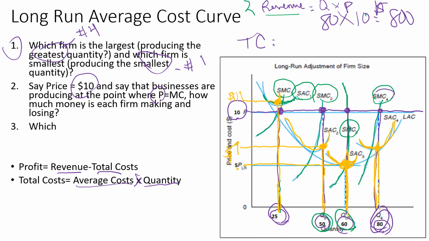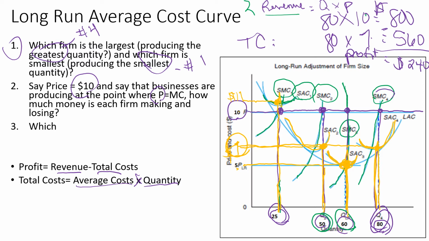So if we follow that over, that's also in the $7 range. So they're producing 80 units times $7, so that's going to be $560. 800 minus 560, so revenue minus cost, is going to give us their profit. So 800 minus 560 is going to be their profit, $240. So we'll write that down, $240 profit.